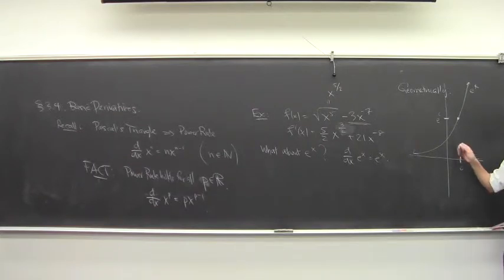That's nothing so far, but what's the derivative here? What's the slope here? e of c also, right? So the slope of the tangent line is e of c.